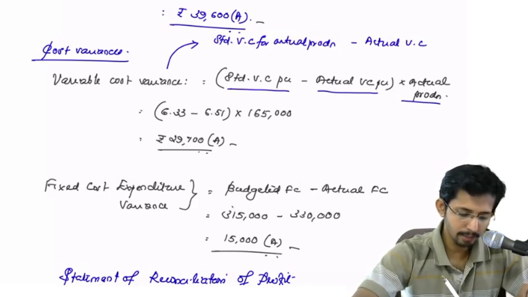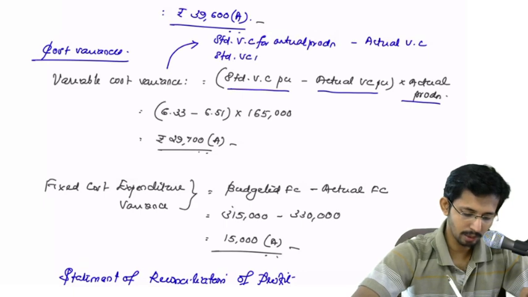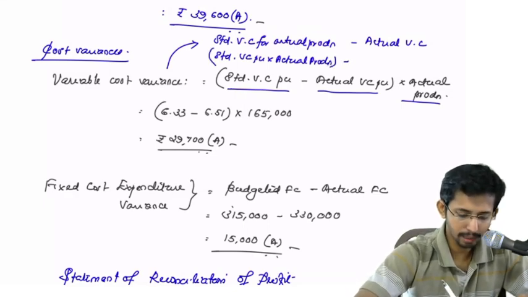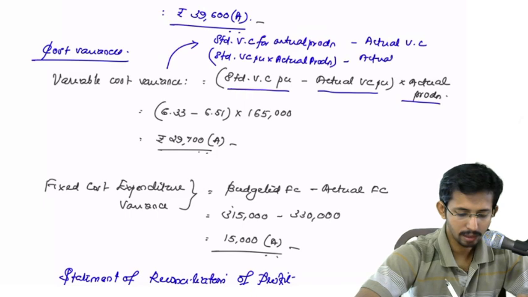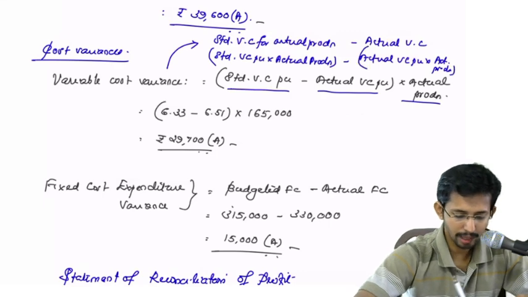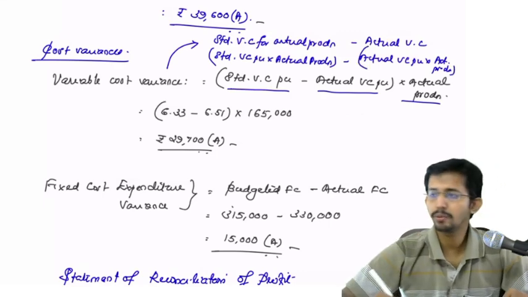What is standard variable cost for actual production? This is nothing but standard variable cost per unit into actual production units, minus actual variable cost per unit into actual production. This is what we have written here as a formula.